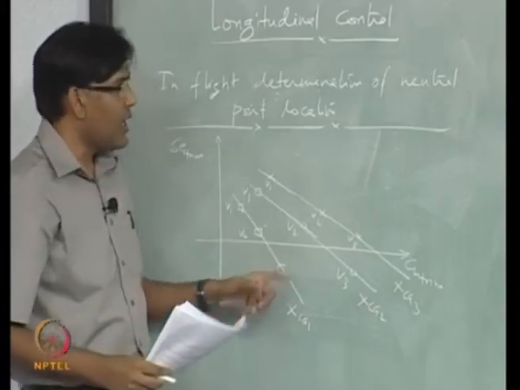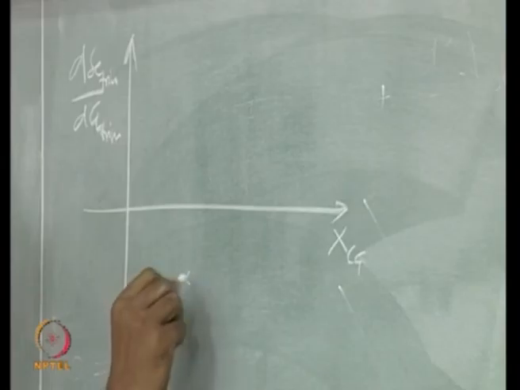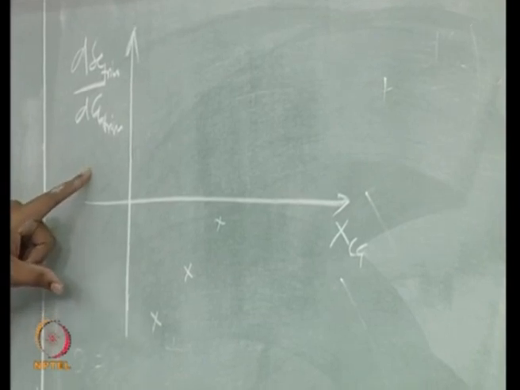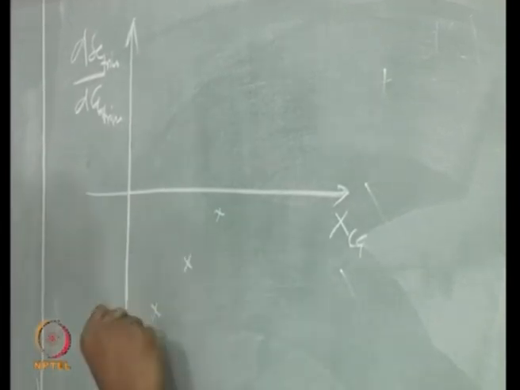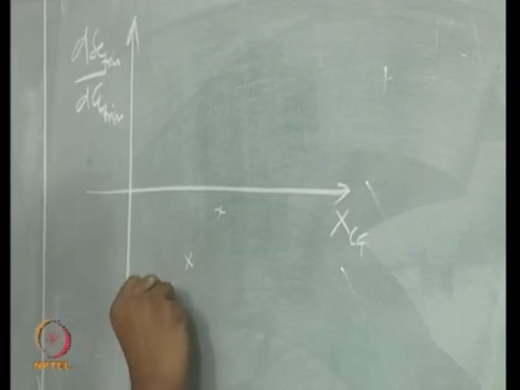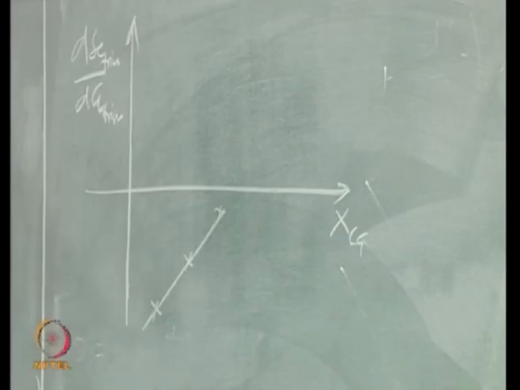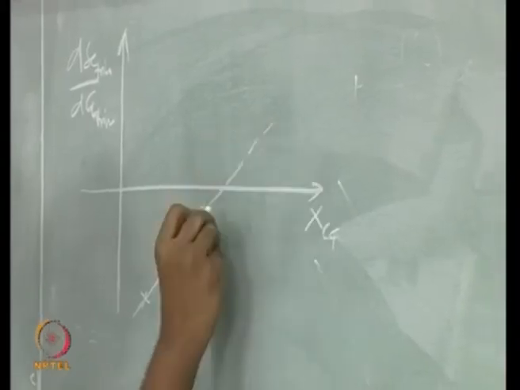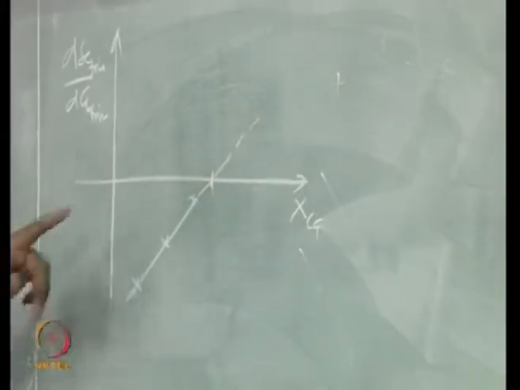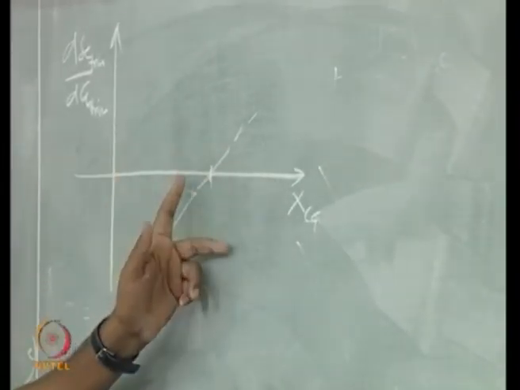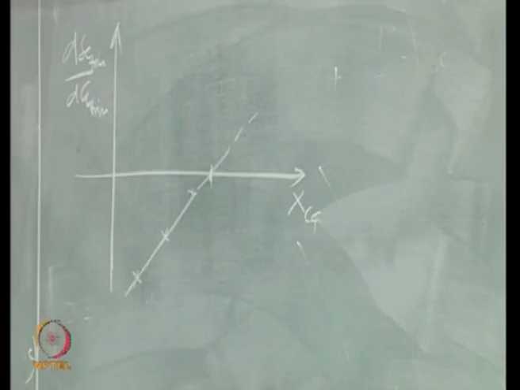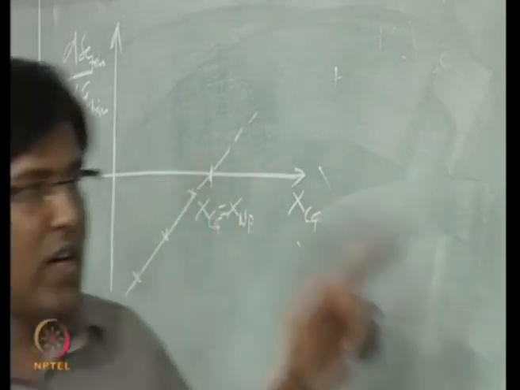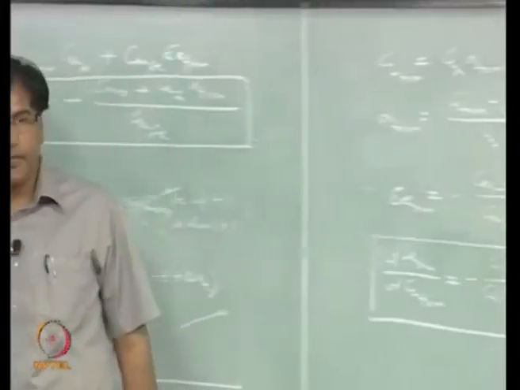I have found the slope, and I am getting 3 values of this quantity, right, and passing a line through these 3 points, extrapolated, is going to cut this x axis somewhere, and that is the location of the neutral point, because at this point Cm alpha becomes 0, right.